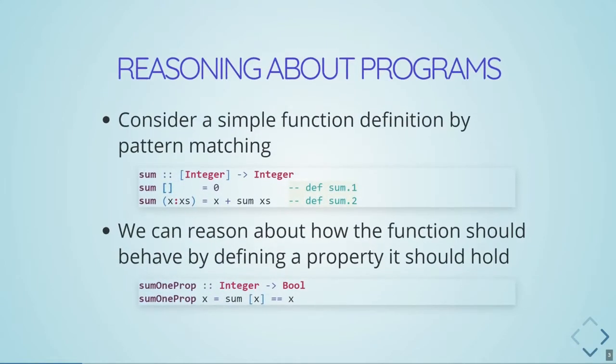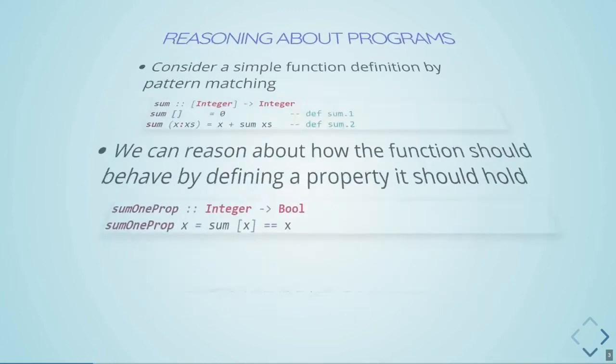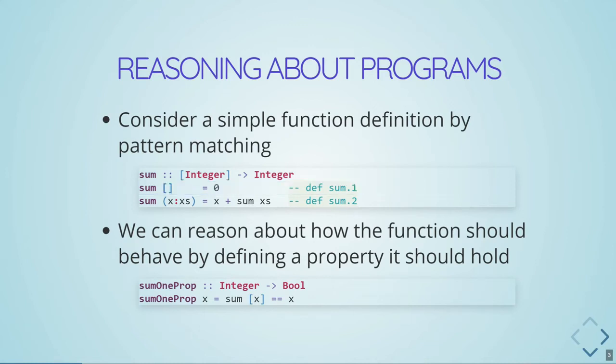And if we look at the second equation, sum.2, that says whenever you have x colon xs, that becomes x plus sum of xs. So then we could use that equation to get x plus the sum of the empty list. Then, by equation 1, we have the sum of the empty list is equal to 0.